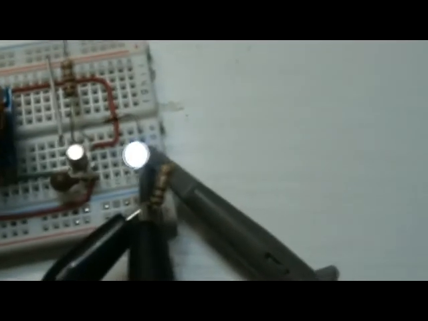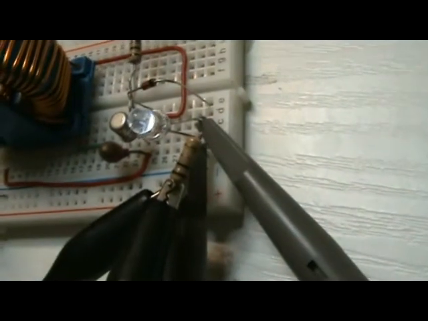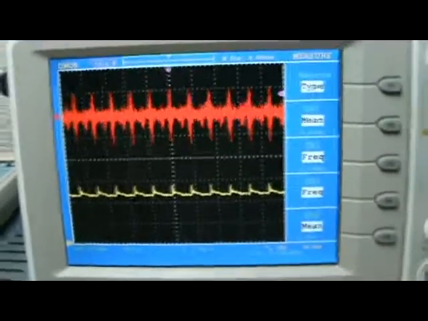So that is my input, and for the output, the LED is lit at this moment. I have a 100k ohm at the base. It's lit somewhat, and for the output I measure across the 1 ohm output resistor. And the other is at the top of the LED, and the scope looks something like this.